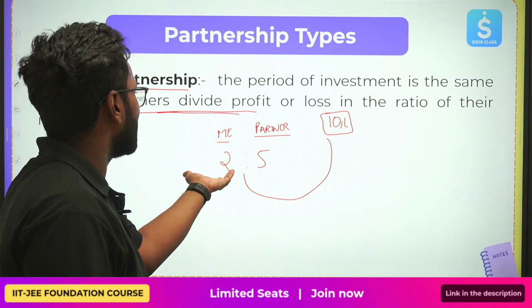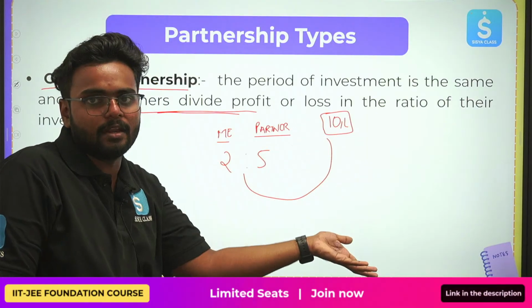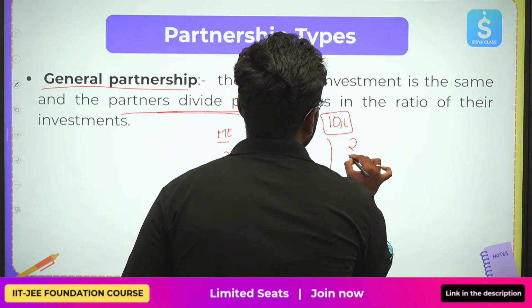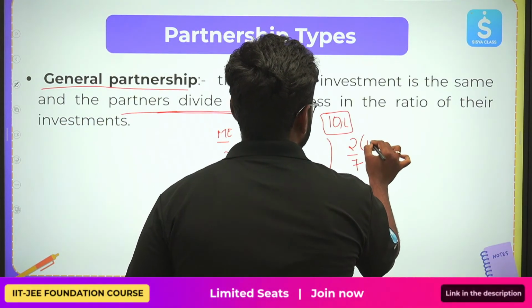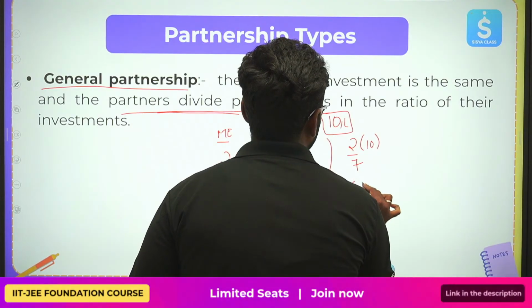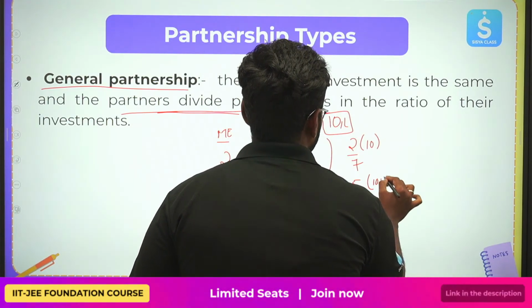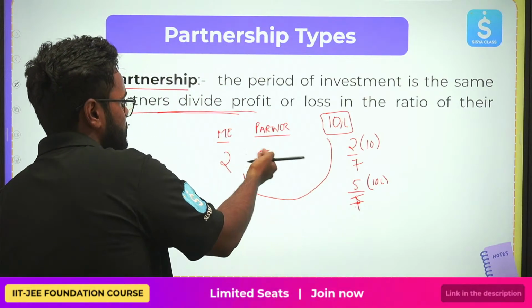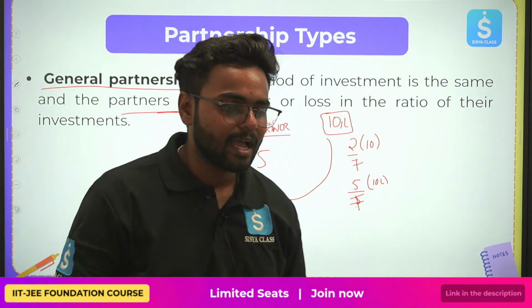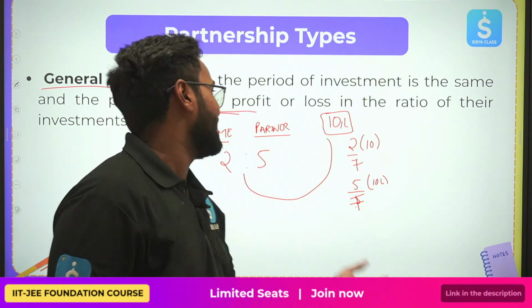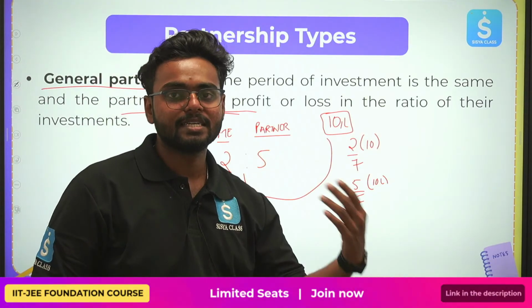So how much would I be putting? I'd be putting 2/7 of 10 lakhs, whereas he'd be putting 5/7 of 10 lakhs. This 7 is nothing but the total parts: 2 plus 5 is 7. I am putting 2 parts out of 7 and he is putting 5 parts out of 7.